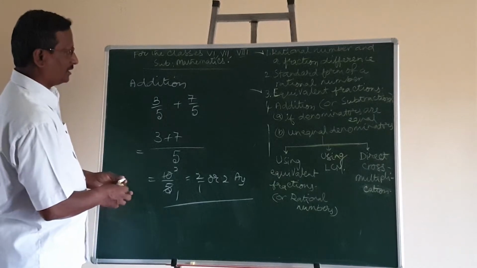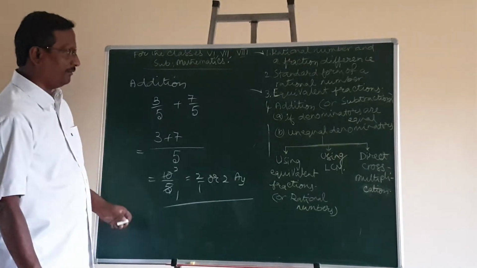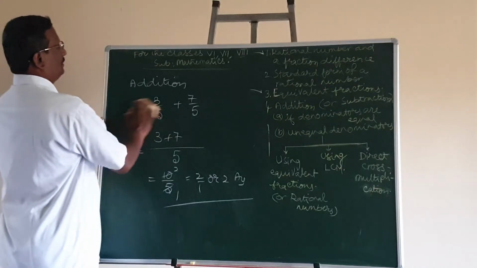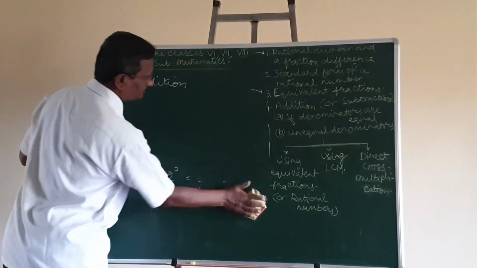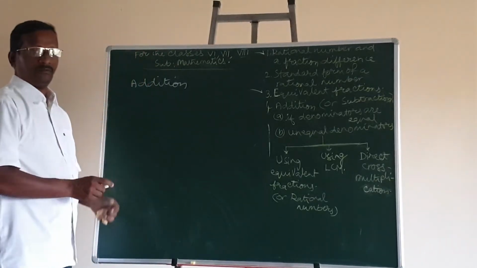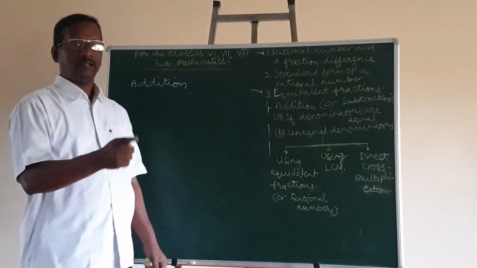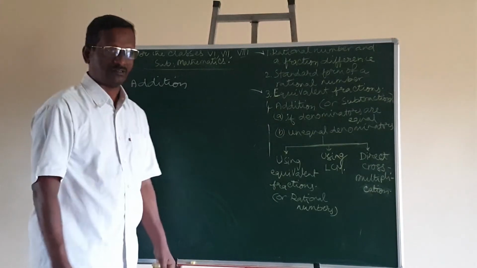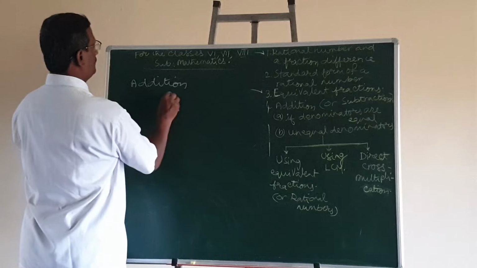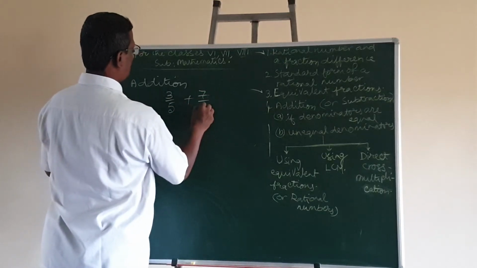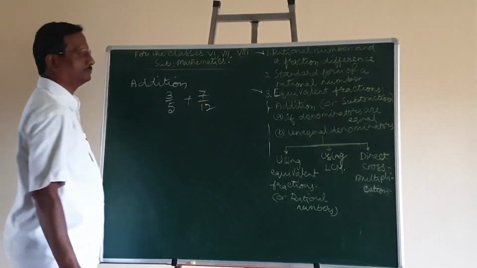In case the denominators are not equal, we have different methods. If the denominators are not equal, we will write the fractions as equivalent fractions in such a way that the two denominators are equal. For example, 3 upon 5 and 7 upon 12.